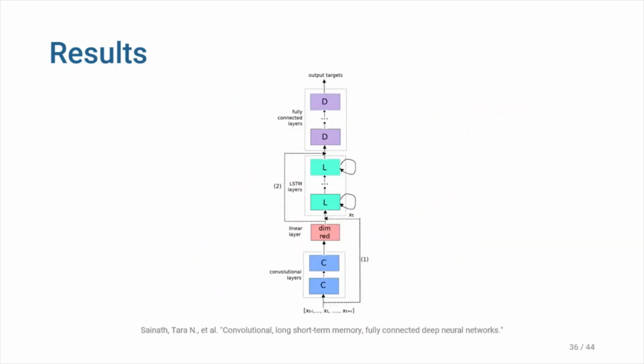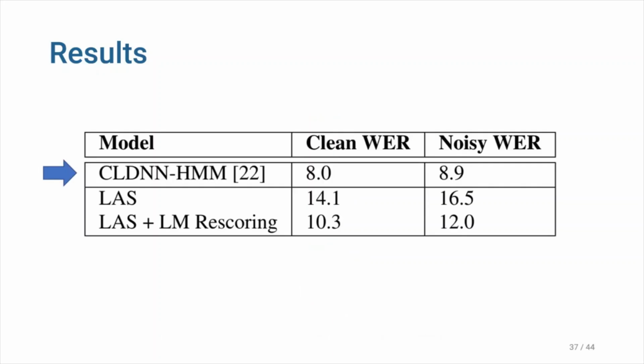The state-of-the-art model on the Google Voice Search dataset is a convolutional long short-term memory fully connected deep neural network, or CLDNN, proposed by Sainath and colleagues, which achieved a word error rate of 8% on the clean test and 8.9% on the noisy test set.